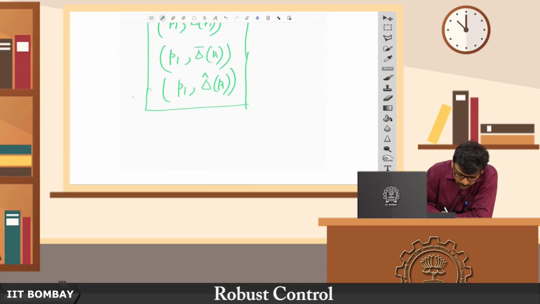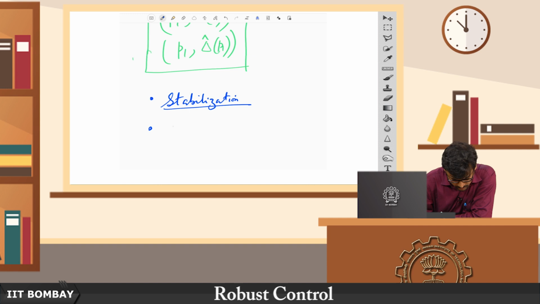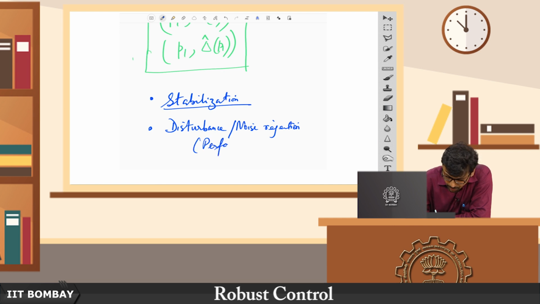The two main problems we shall be dealing with are one of stabilization, and the second, a problem of disturbance or noise rejection, which is obviously something to do with so-called performance.